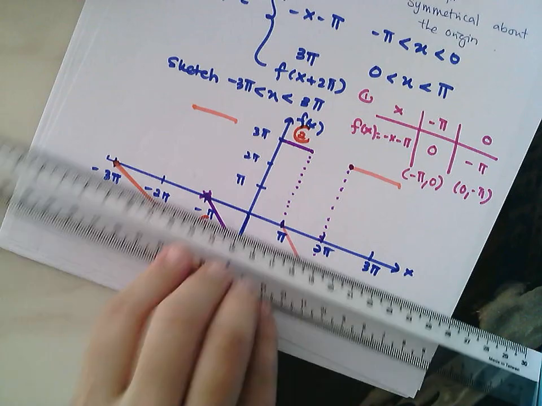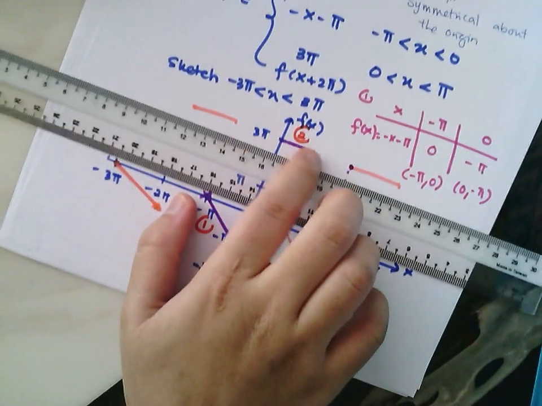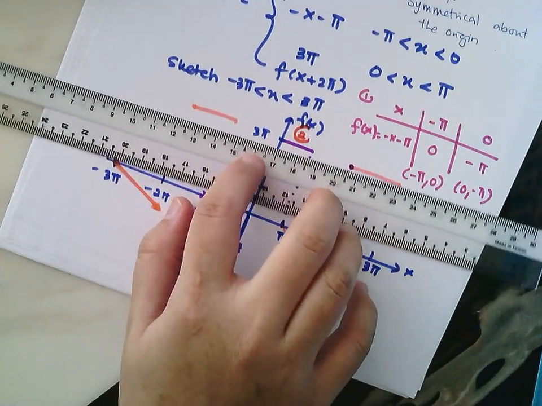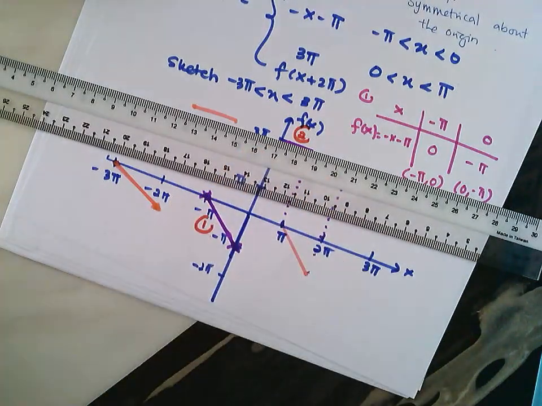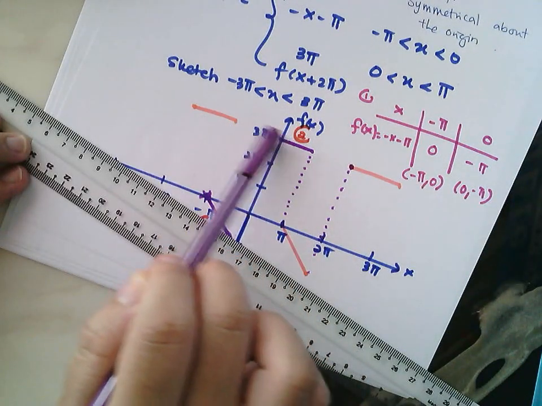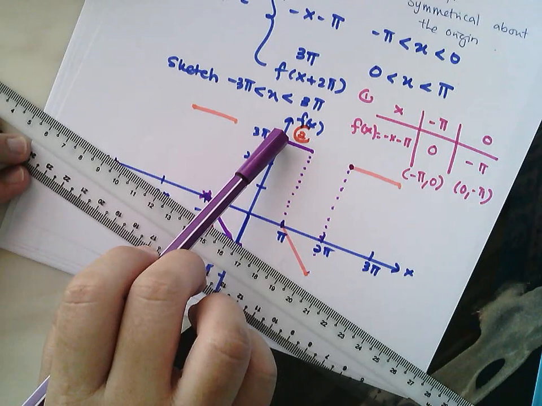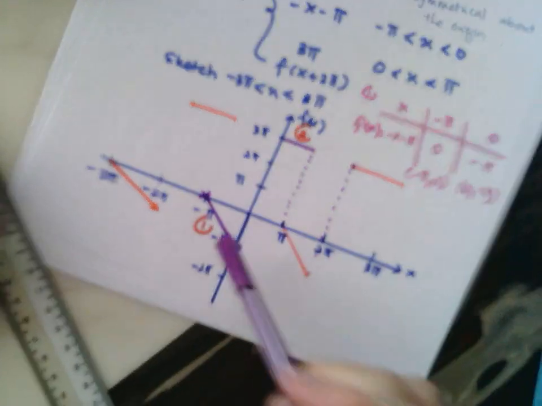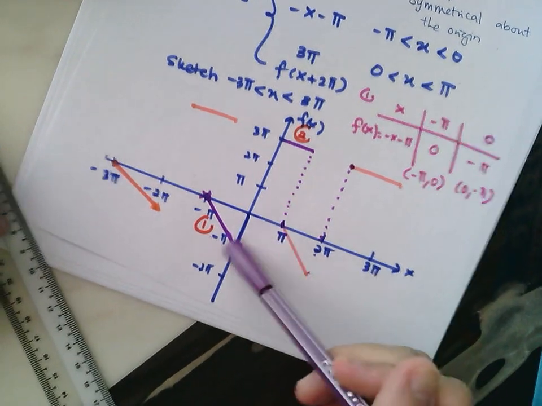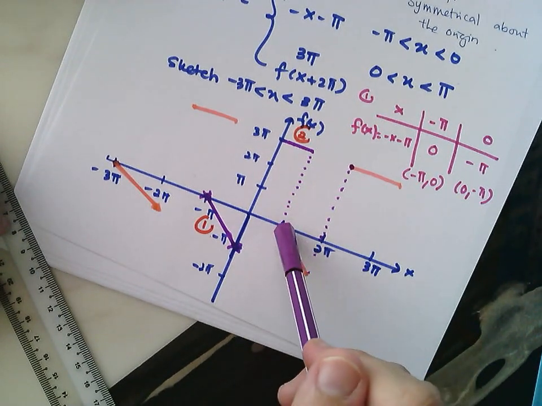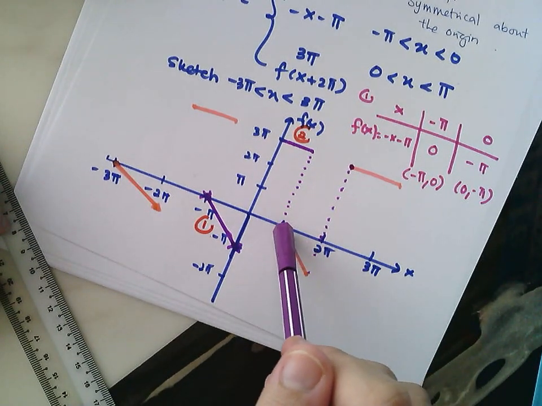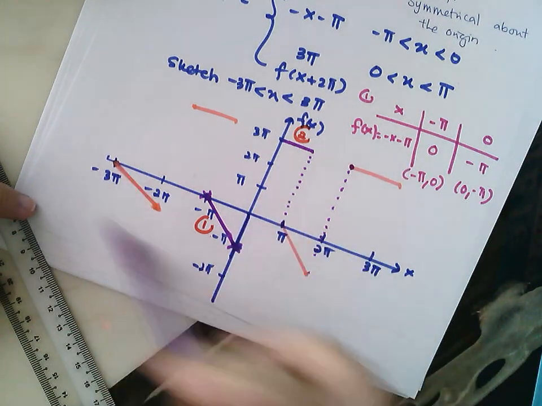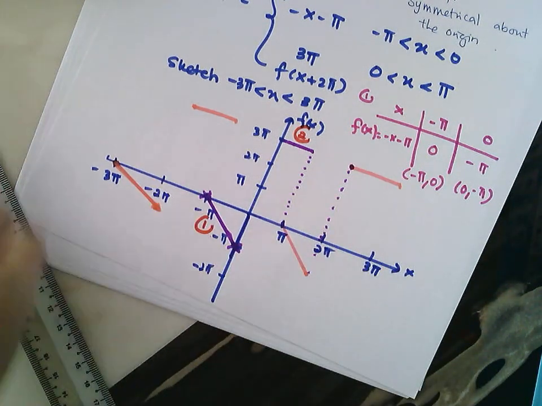If you have this one here, for it to be symmetrical you need to have another one right here. Then only it will be symmetrical about the f(x) axis. So for this case, this is a neither function.